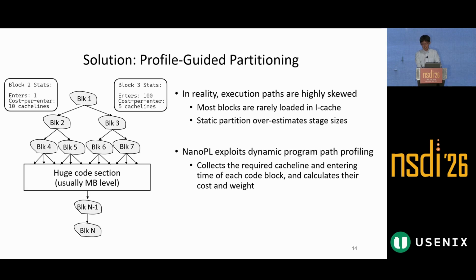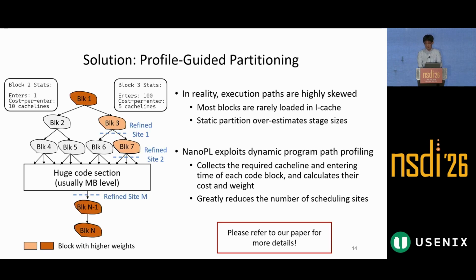And as the example on the left shows, we can clearly see from the profiling data that block 2 appears significantly less than block 3, but takes more cache lines if it is loaded. Therefore, block 2 is considered to be more cache consuming and less code reusing friendly than block 3.